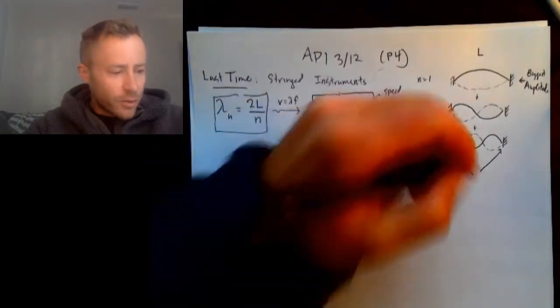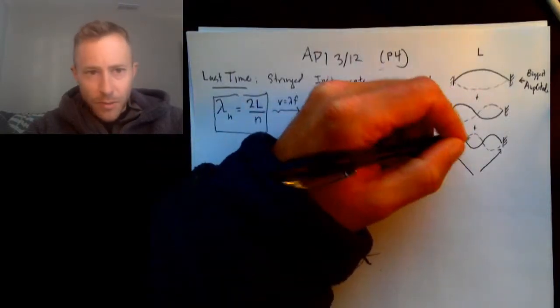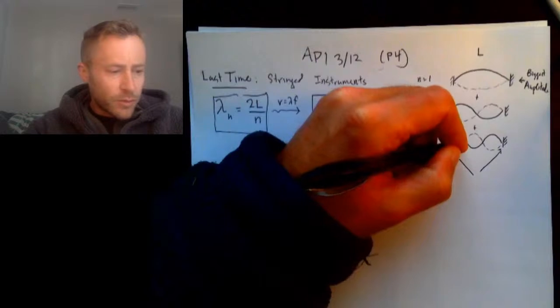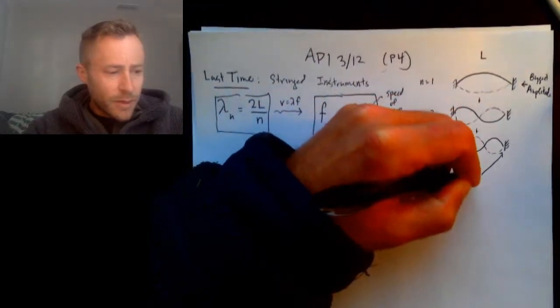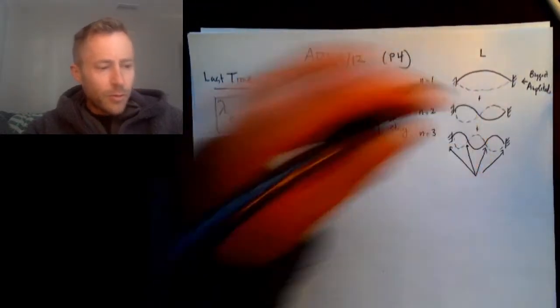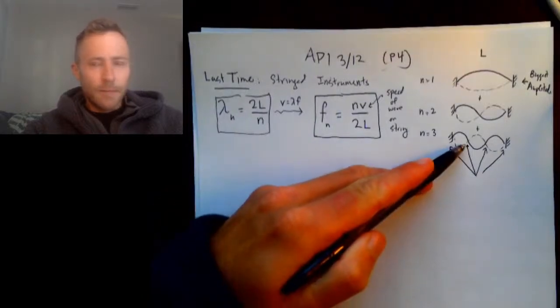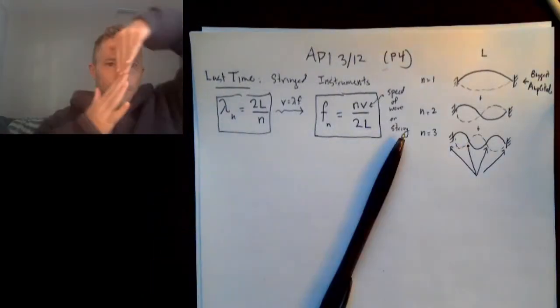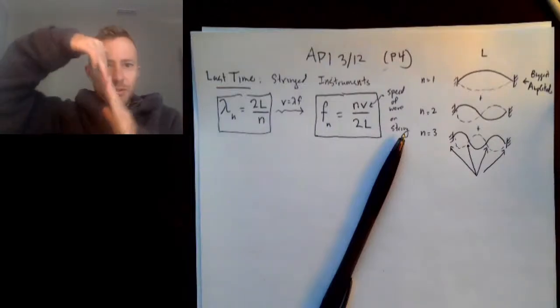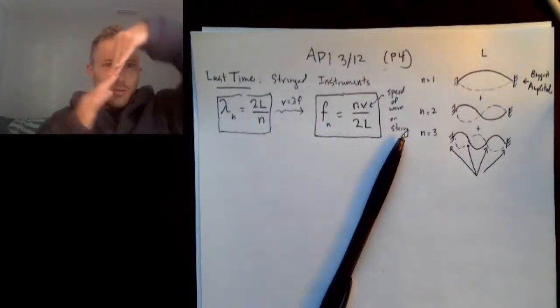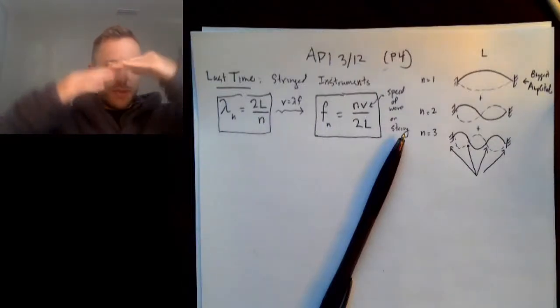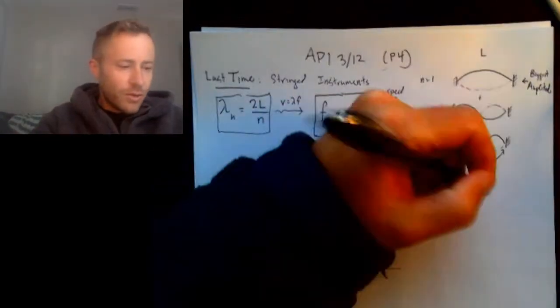But also there are some nodes in the middle of the string, for example right here and right here, where the medium is doing this, and you can see the point where my fingers touch isn't really moving. So these are all nodes.